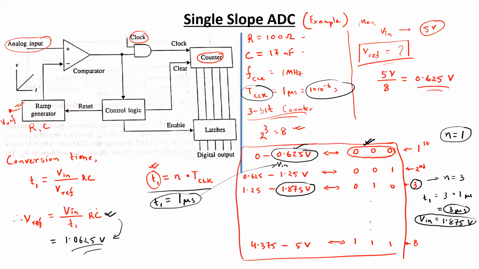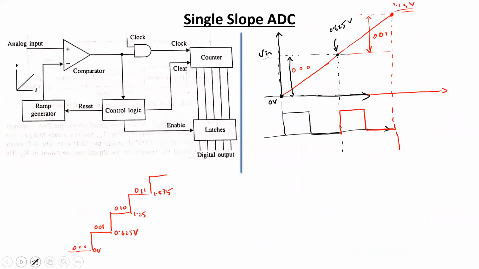If you understand this example, it would be quite easy for you to solve a particular problem. And also the operation of single slope ADC and dual slope ADC is quite similar. So if a similar type of problem is given in terms of dual slope ADC, it would be possible for you to solve that as well. So try to practice the problem, or try to understand it later on.